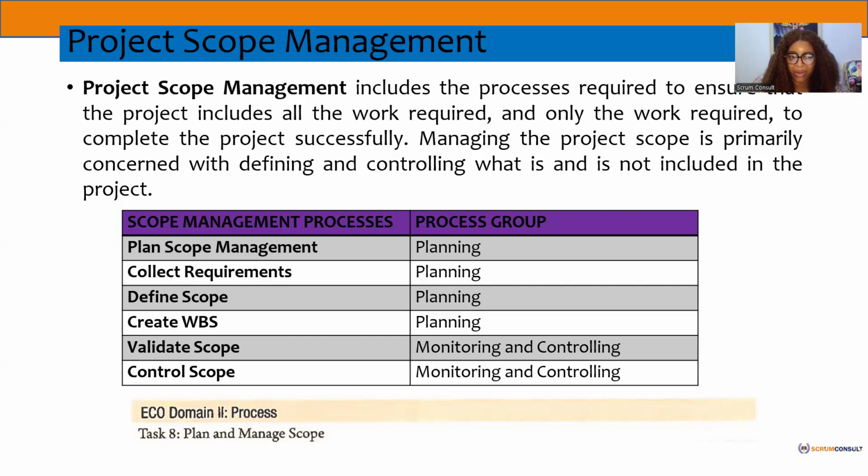Managing the scope is the primary concern with defining and controlling what is and what is not included in the project. So when we are looking at scope management, not only do we define what is included in the project, we also define what is not included.